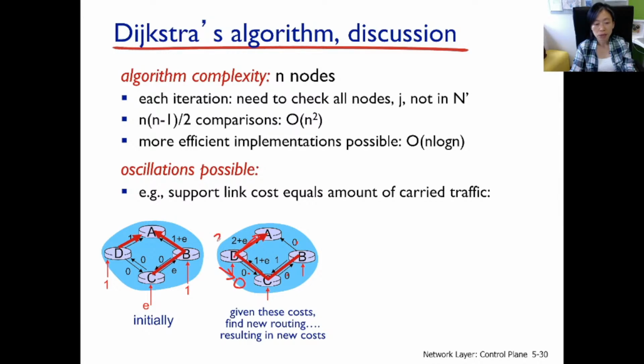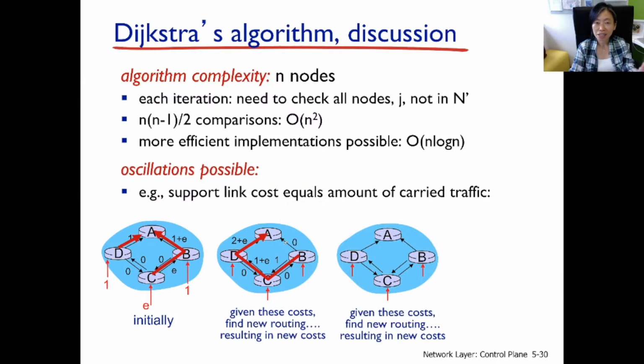Going this direction, 2 plus E. So D is going to switch for the first time to go counterclockwise. And that's why in the next moment, you see traffic begin to change direction completely. From all clockwise, one period before, to counterclockwise the next period.